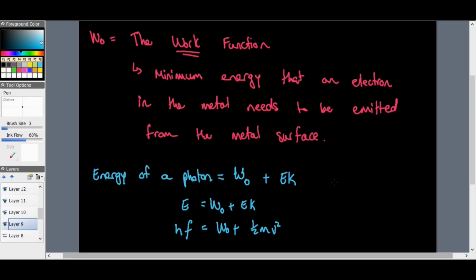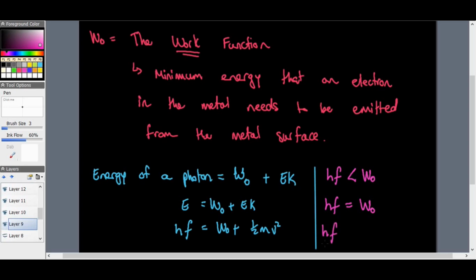So of course, quick side note, if the energy of a photon is less than the work function, that means that the photon does not have enough energy to emit an electron. So the electron's not going to move. If the energy is equal to the work function, the photon has the exact amount of energy needed to emit one electron from the surface of a metal.